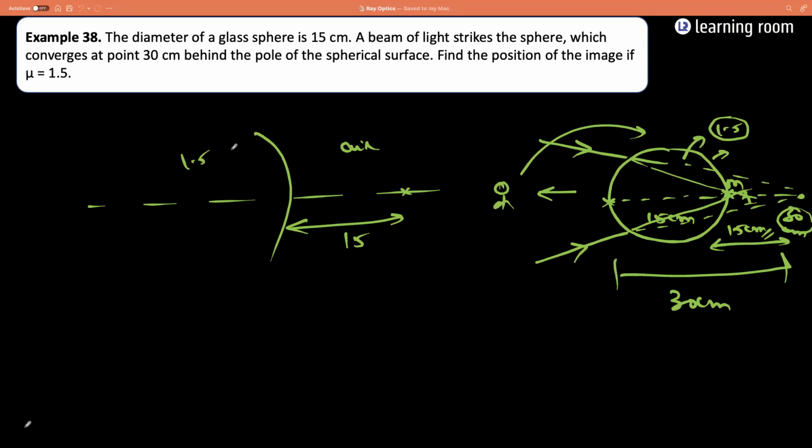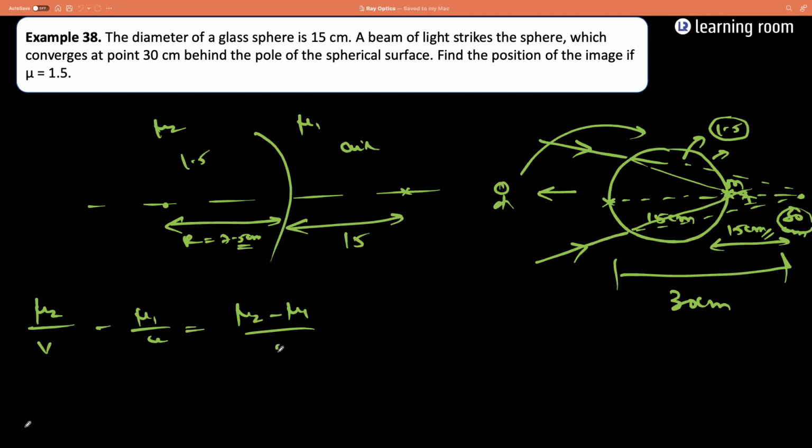Okay, it is 1.5. And what are the radius of curvature? It is going to be 7.5. Now tell me, if this is mu1, this is going to be mu2, then what will happen? Mu2 by V minus mu1 by U is equal to mu2 minus mu1 divided by R. Mu2 is how much? 1.5 divided by V is what we need to calculate.